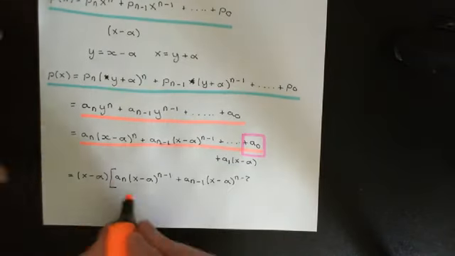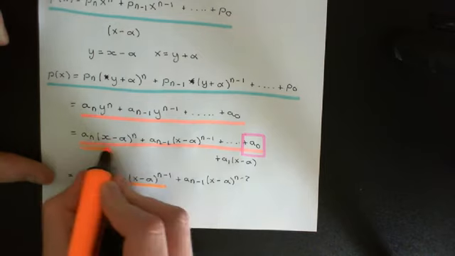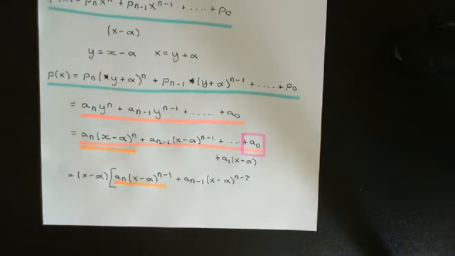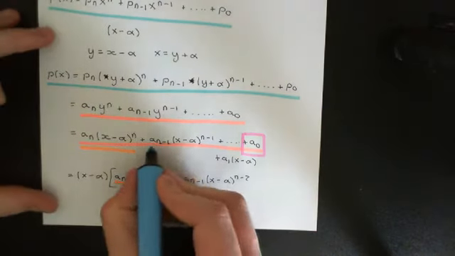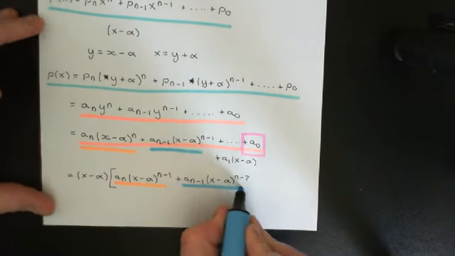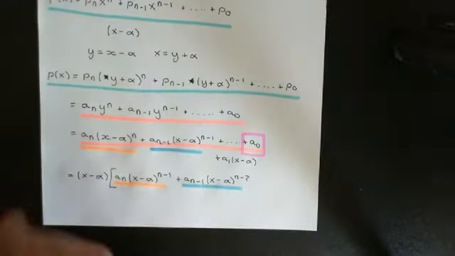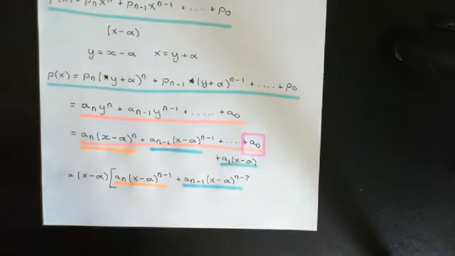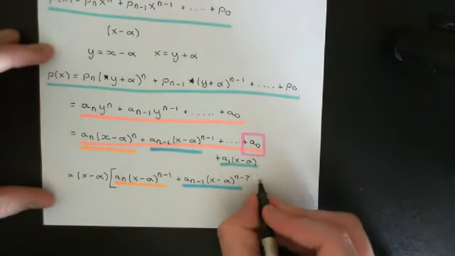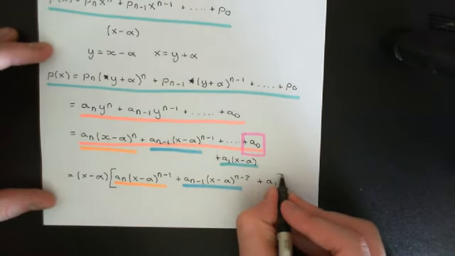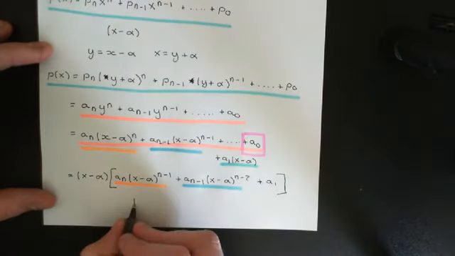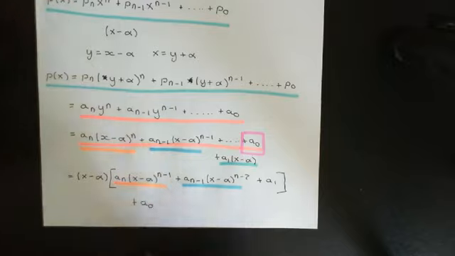I'll just colour code it up. This is this term with x minus alpha pulled out of it. This term is over here, again with an x minus alpha pulled out of it, and then we'll go right down to this term here, pull out that x minus alpha, and end up with just plus a1. Then outside of the big brackets we'll have plus a naught.